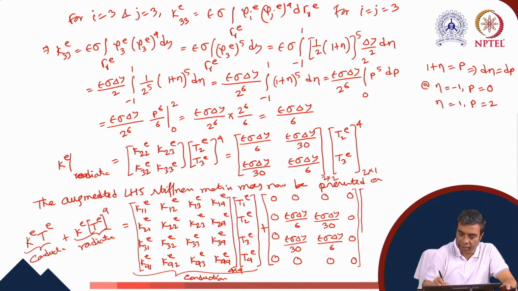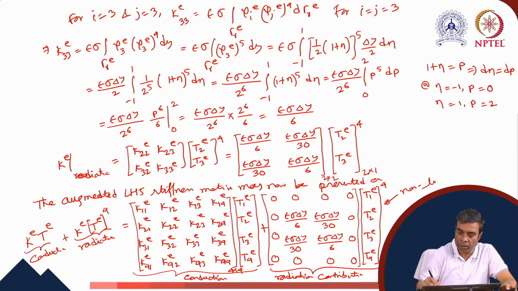And the vector from the radiation portion will be T1e, T2e, T3e, and T4e to the power 4. So this is the radiation contribution. So this vector gives rise to non-linearity.